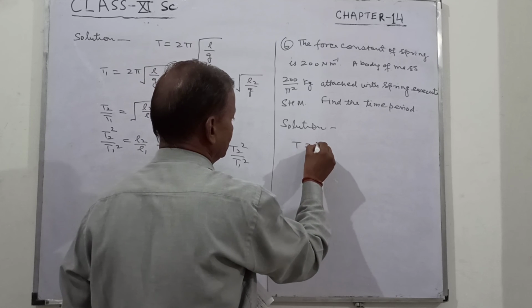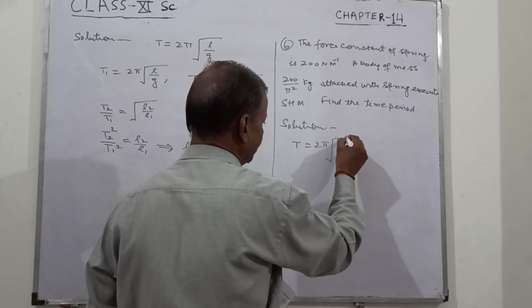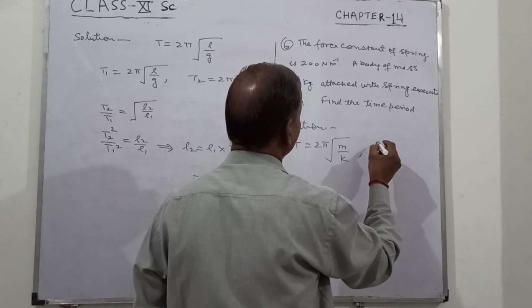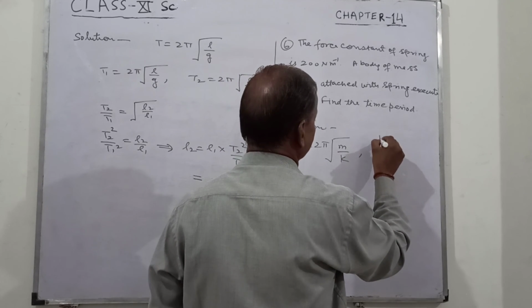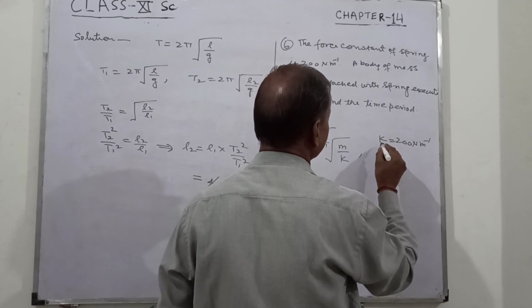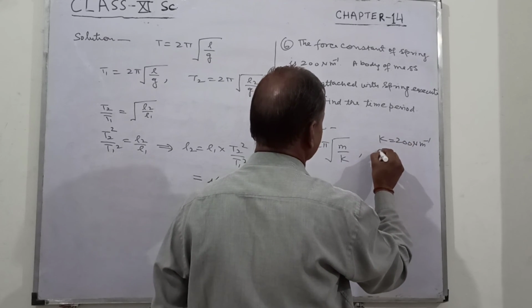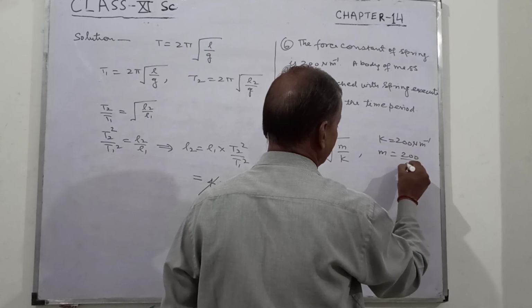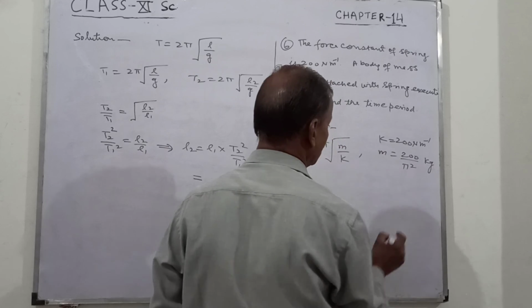Now T equal to 2 pi square root of m upon k. Now you are given k equal to 200 Newton per meter and m equal to 200 upon pi square kilogram.